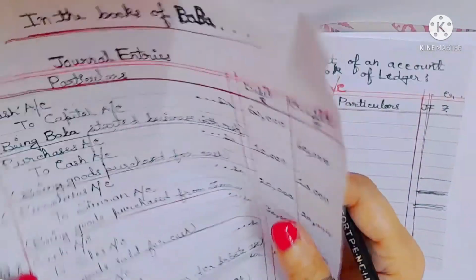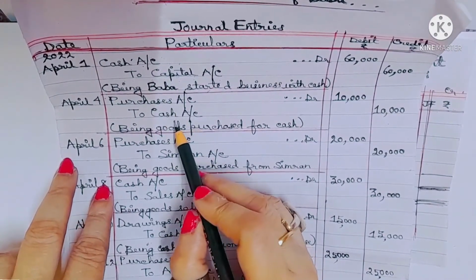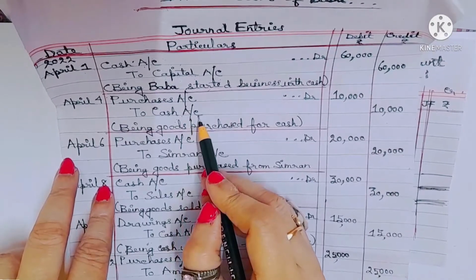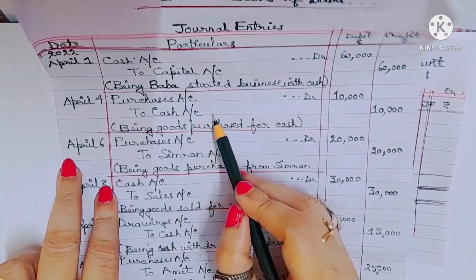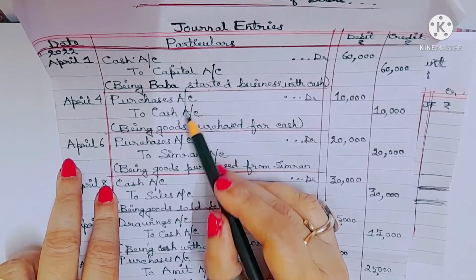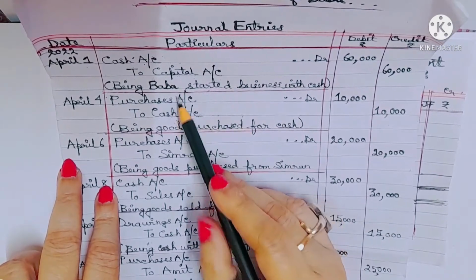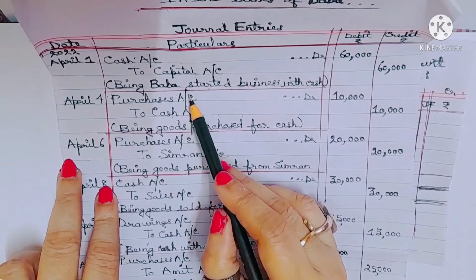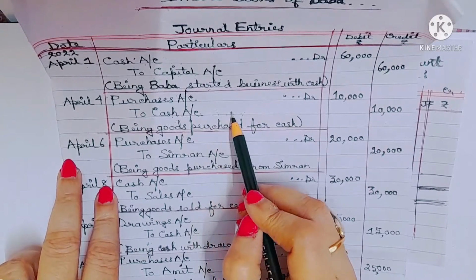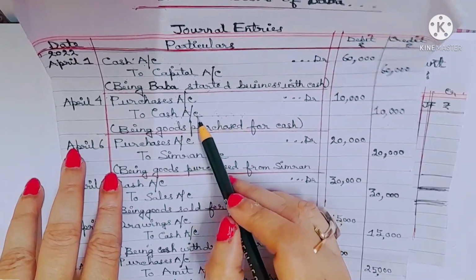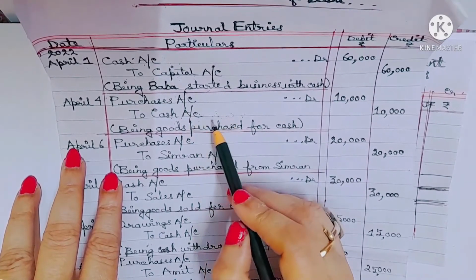We will now only look at cash, not any other transaction. Purchases account to cash, here also there is cash, a cash transaction. So where is cash here? On the credit side. If cash account is on the credit side, what did I say? If cash is on the credit side, the account on the opposite side will also be on the credit side. Since cash account is on the credit side, the account on the opposite side of the cash account will appear on the credit side also. This is the rule. If cash account is on the credit side, since we are preparing cash account, purchases account will appear on the credit side of cash account.